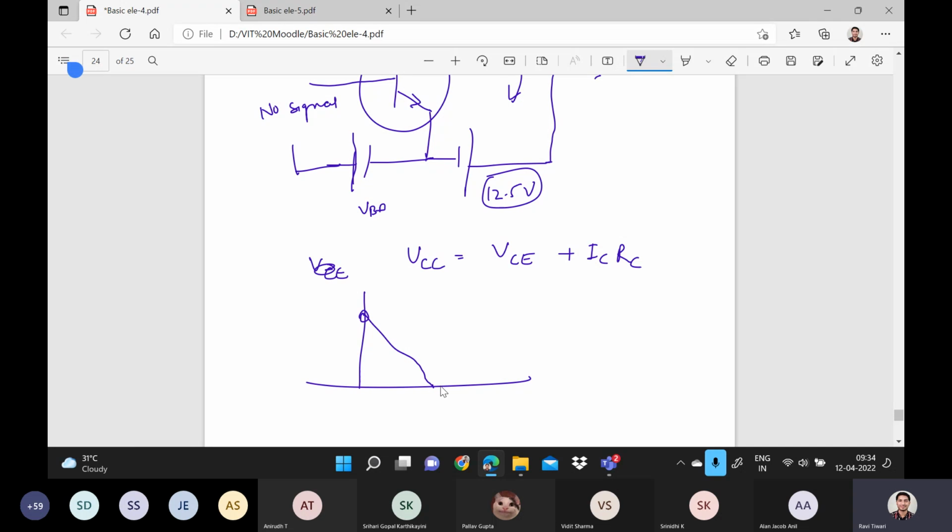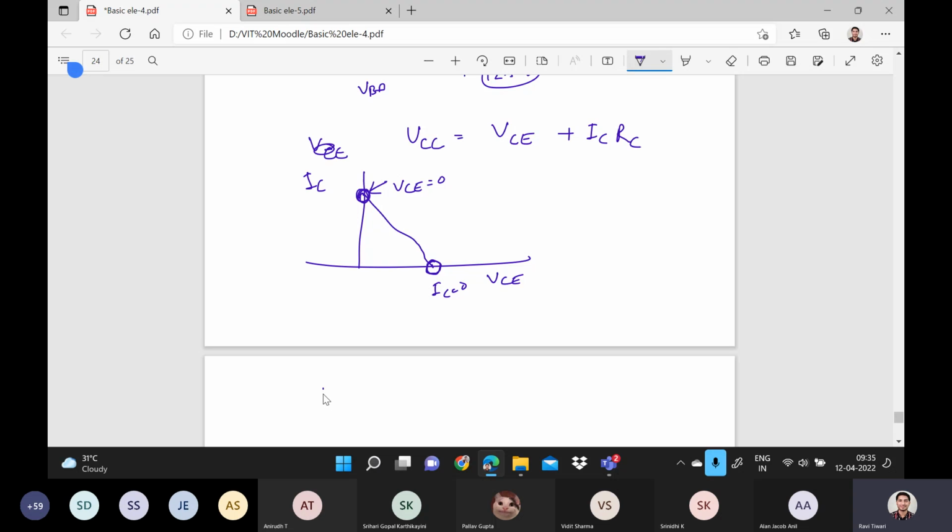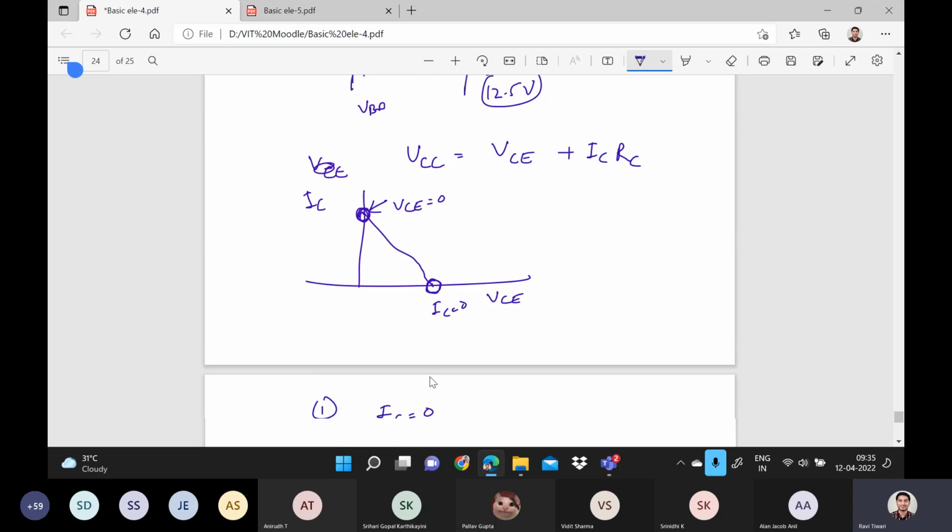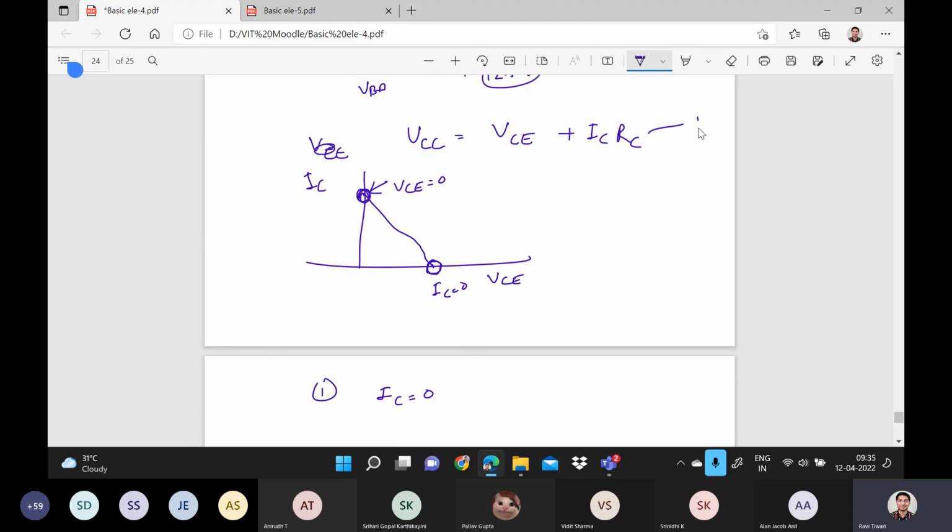If you're plotting IC with VCE, how will I get this point? When IC is equal to 0. So just put IC equals 0 in this equation number 1, and you will get VCC equals VCE, or you can say VCE equals VCC. Both are the same.